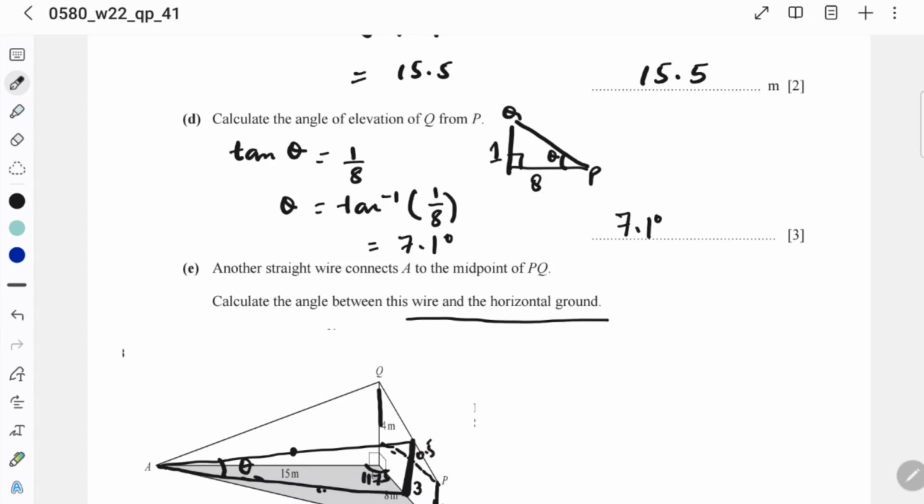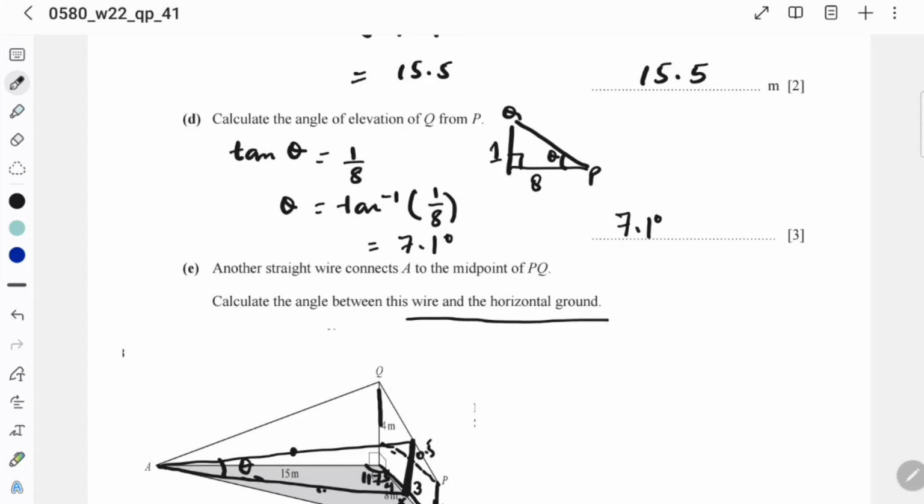The whole length was 8, so this will be equal to 4. First of all I'm calculating the unknown value, A to, for example, X. What is AX? That will be helpful for us to calculate the angle as well.